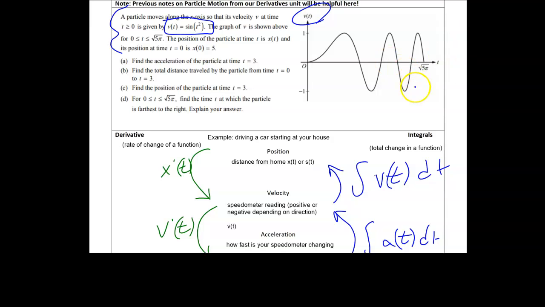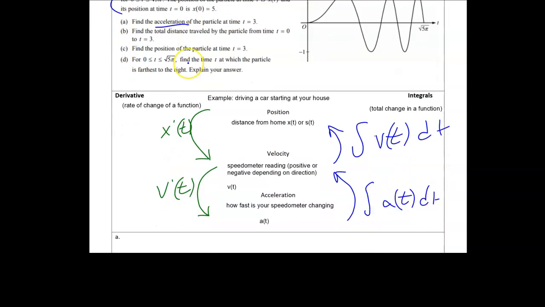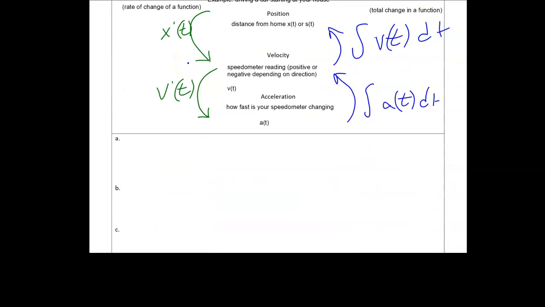That's not always the same thing. Sometimes we might be given different graphs of different functions. And then we are looking for acceleration in part A. That's pretty easy. It's asking us for acceleration at time 3. Well, that's just the derivative of velocity at 3.